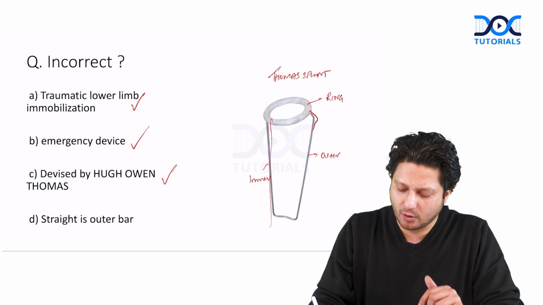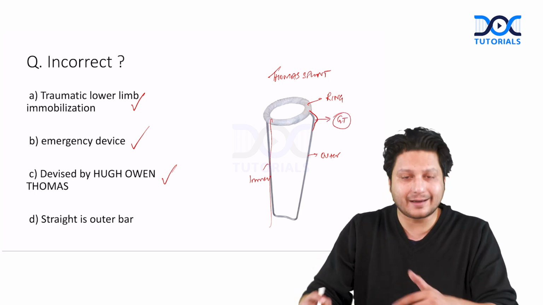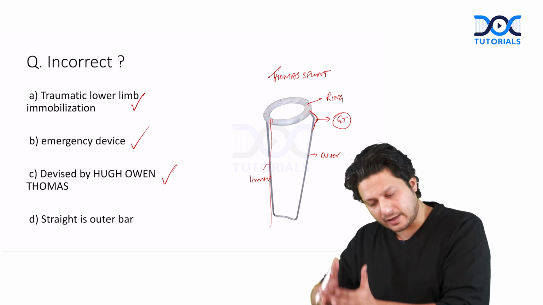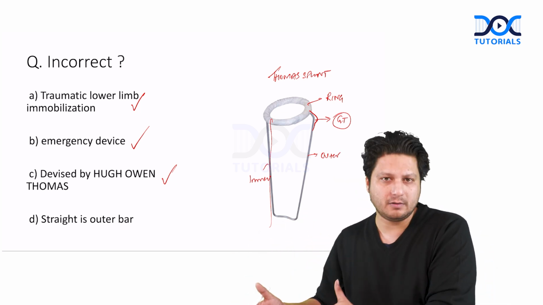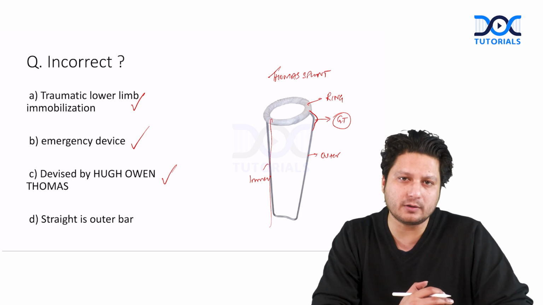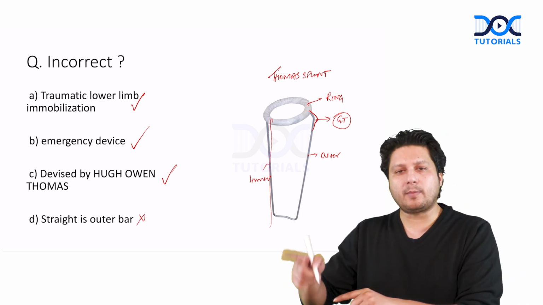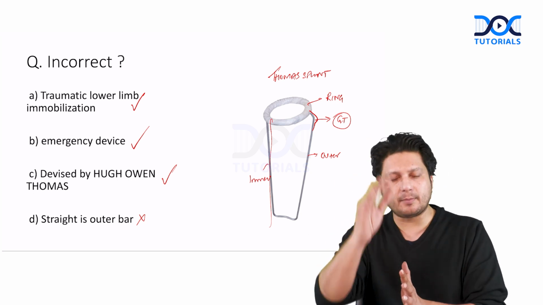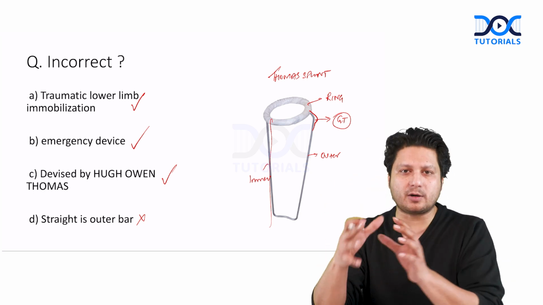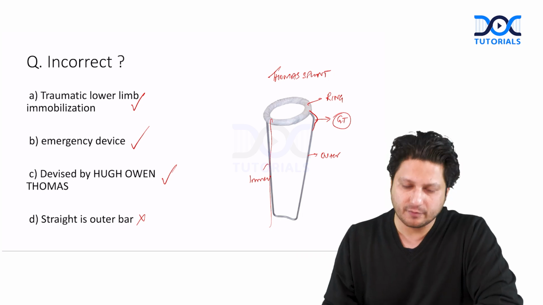This angulation is to accommodate the greater trochanter. So, it is the outer bar which is kept lateral when you apply this Thomas splint to the limb. Alright. So, this is incorrect, because the outer bar is not a straight one. The outer bar has a proximal angle. That angle is to accommodate the greater trochanter of the femur.